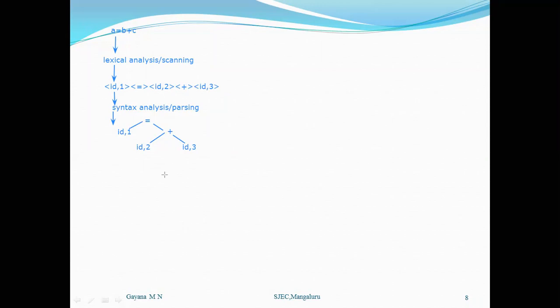Correct. Now what will be done in the next step? In the next step, this will be the input to the third phase. What is the third phase? Which we call the semantic analysis. So what is semantic analysis going to do now? It is going to check whether the semantics of the syntax tree formed is correct or not, right?